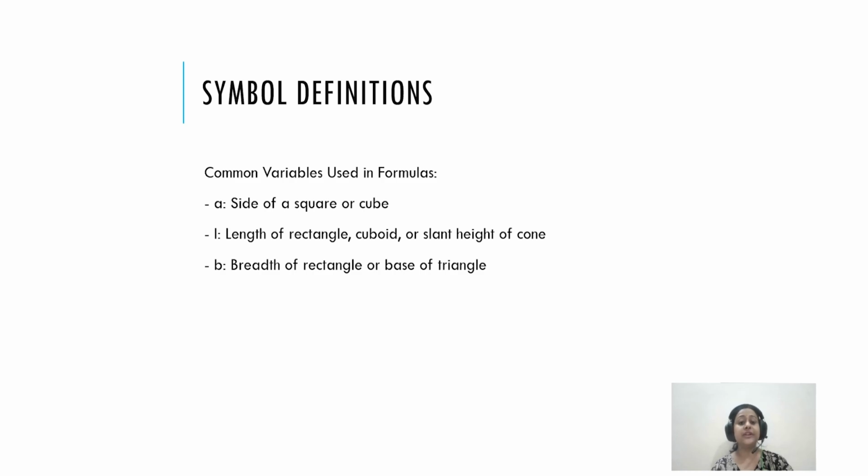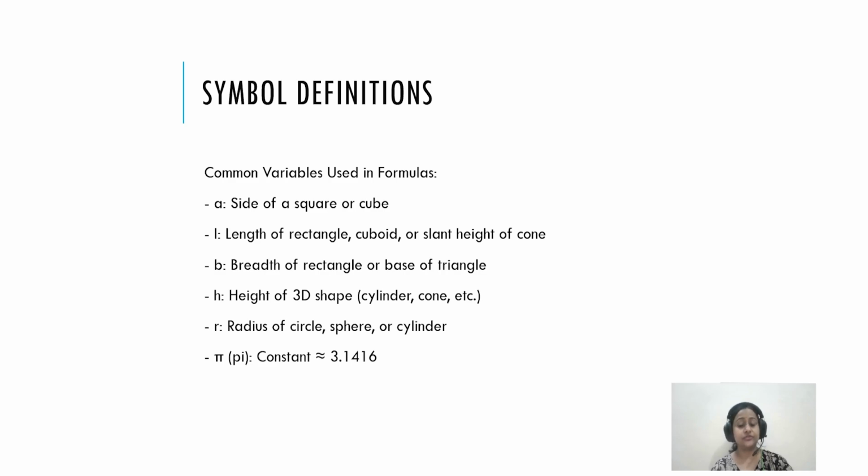Small b represents the breadth of a rectangle, or the base of a triangle. H is obviously height, and it is mainly used for 3D shapes, but sometimes it is used for the area of a triangle as well. R represents the radius of a circle, sphere, or cylinder. And pi is a constant, basically used in finding the perimeter or area of a circle. D1 and D2 are the diagonals of a rhombus.